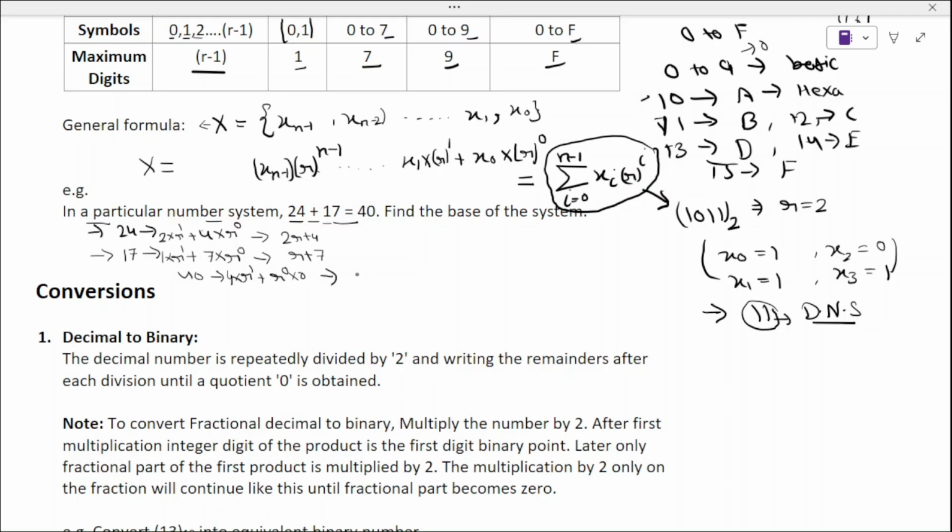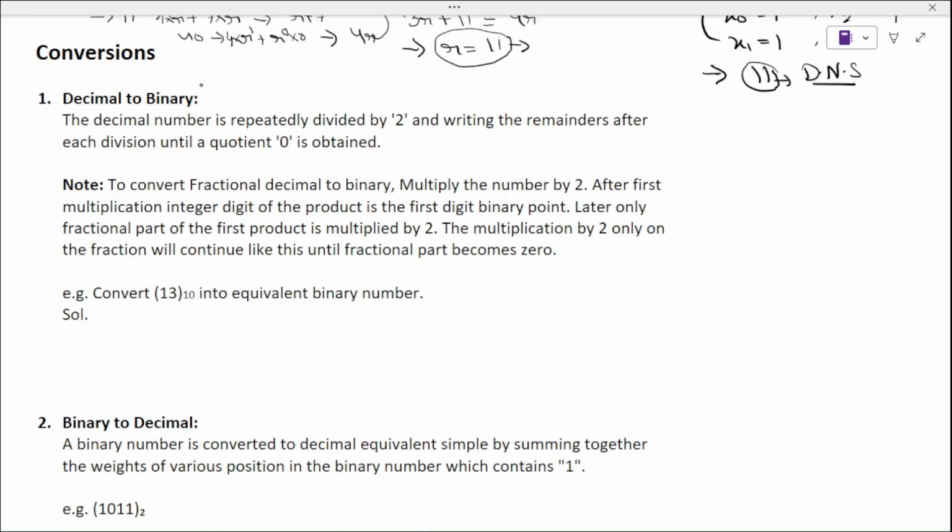So the equation is 4r, since 0 multiplied by anything is 0. Now we can write 2r plus 4 plus r plus 7 equals 4r. If you sum this, 3r plus 11 equals 4r. If you solve this equation, r equals 11.